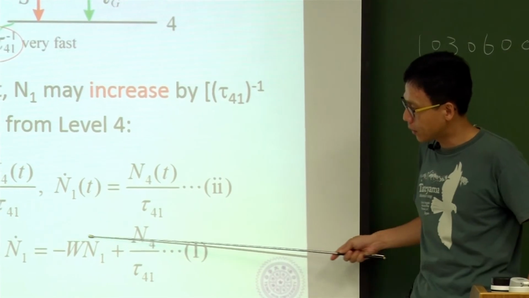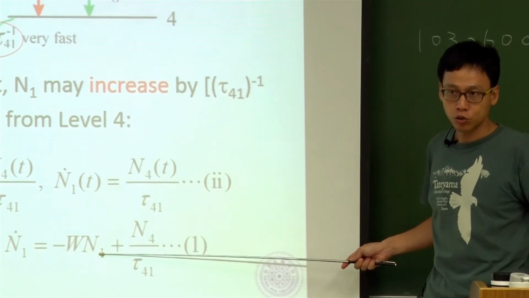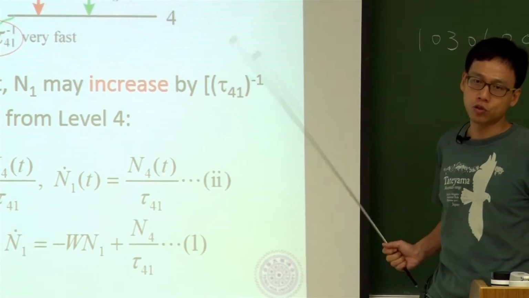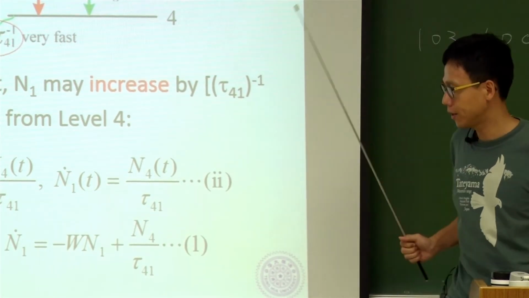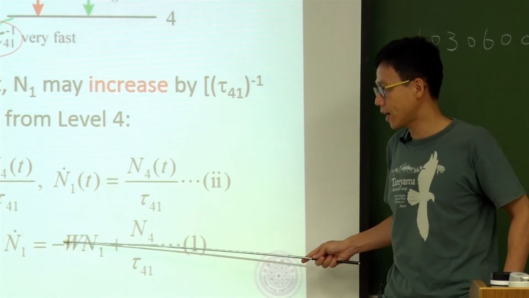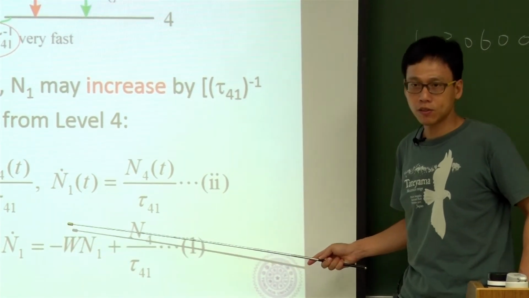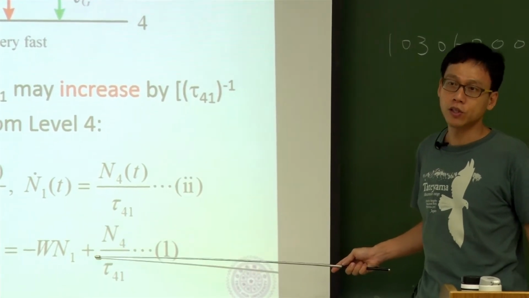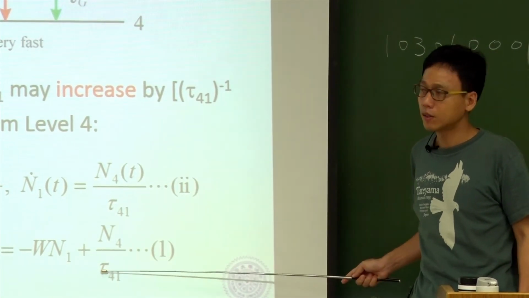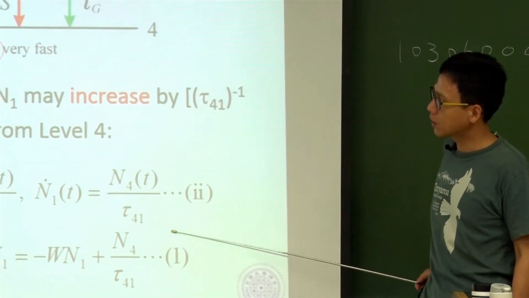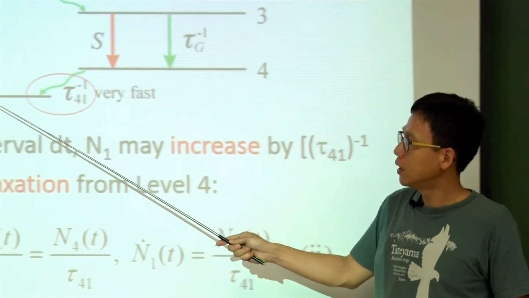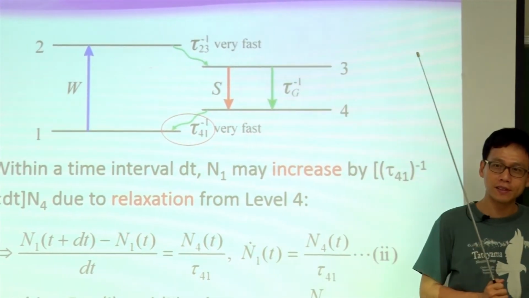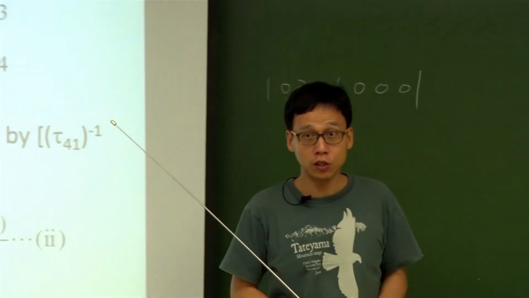The first one, minus W N1 due to pump. The second, N4 over tau 4, is due to the relaxation. Okay, and pay attention to the signs. The minus sign means decreasing process. A positive sign here means increasing process. Okay? Then that's it. This is the governing equation for number density of level 1 due to two processes. Okay? Any question?